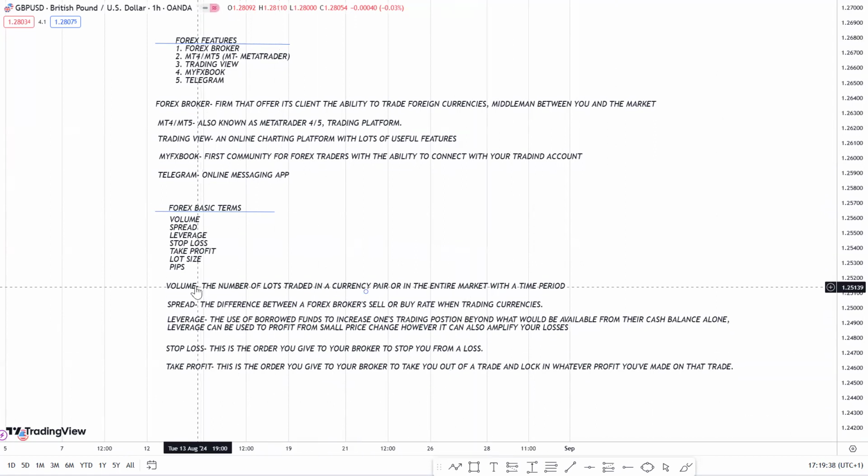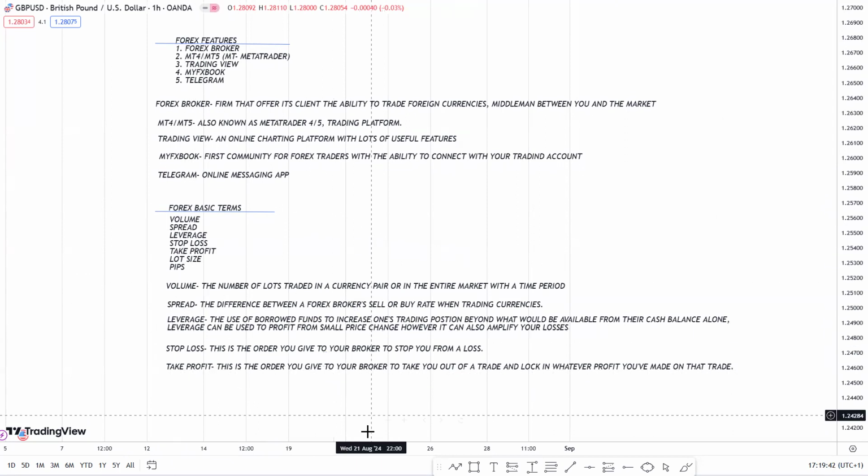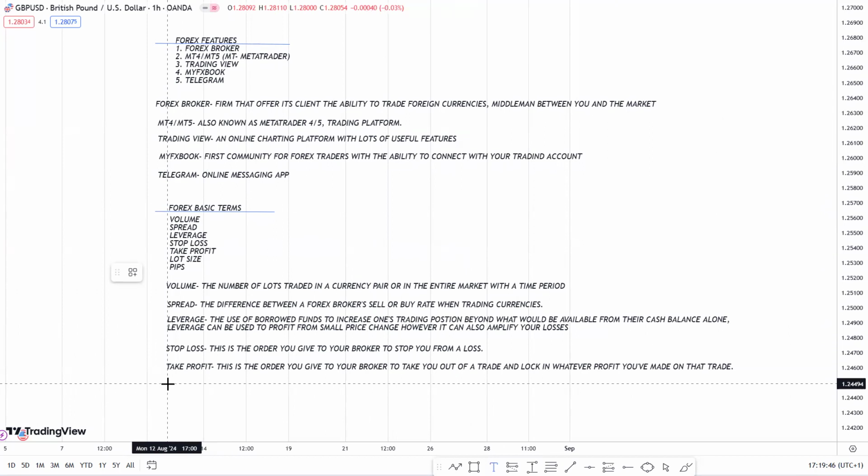So we dealt with leverage, spread, volume, stop loss, take profit. The next one we have on the list is our lot size. Now this lot size is crucial because when you're about to place a trade, you have to know how much money you're willing to risk on that trade.